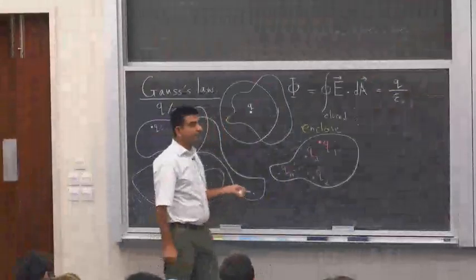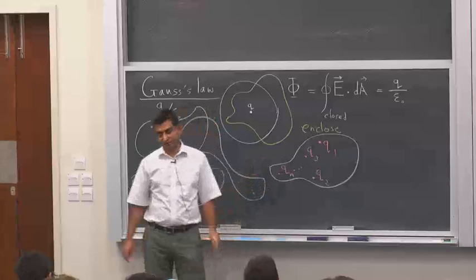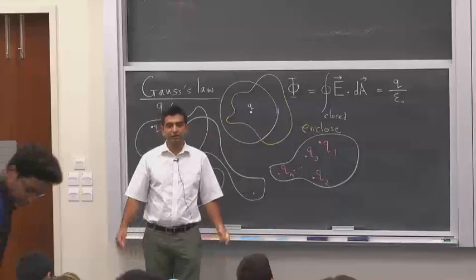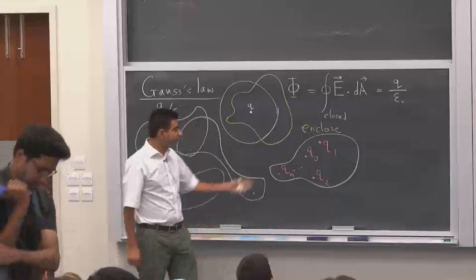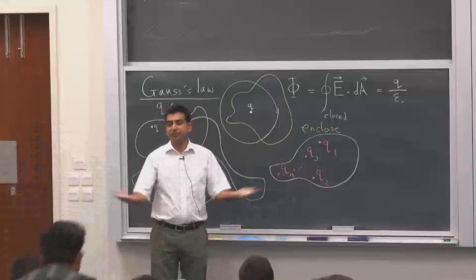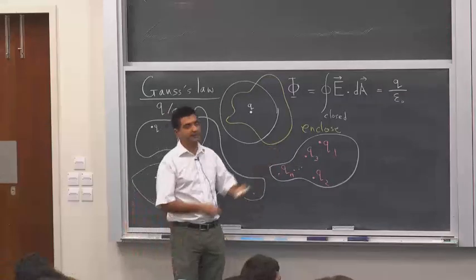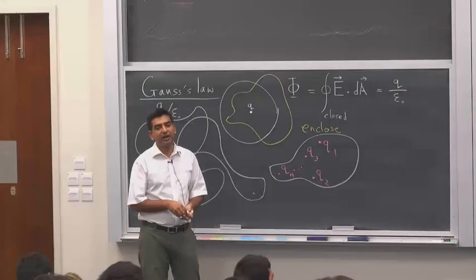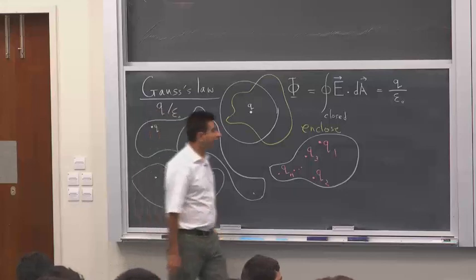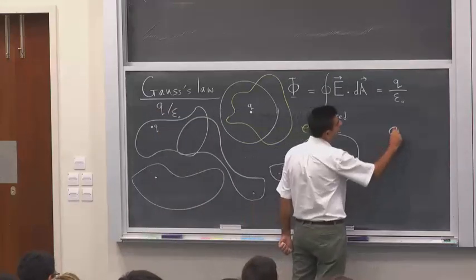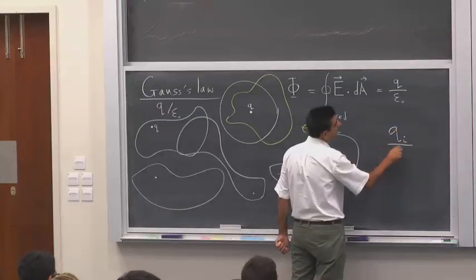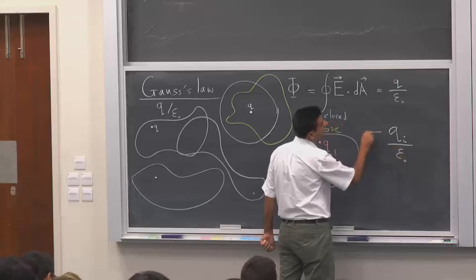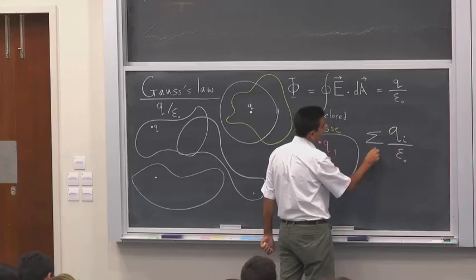then I can compute the flux due to each of these charges separately because of superposition. Each one of these charges will produce a flux, and the total flux that pierces this arbitrarily shaped surface will still be given by Qi over epsilon naught summed over all the Q's.